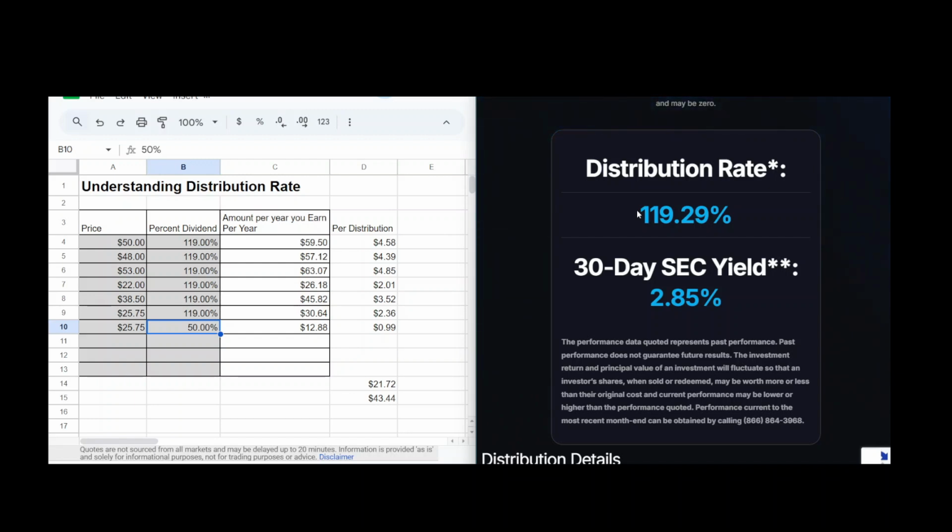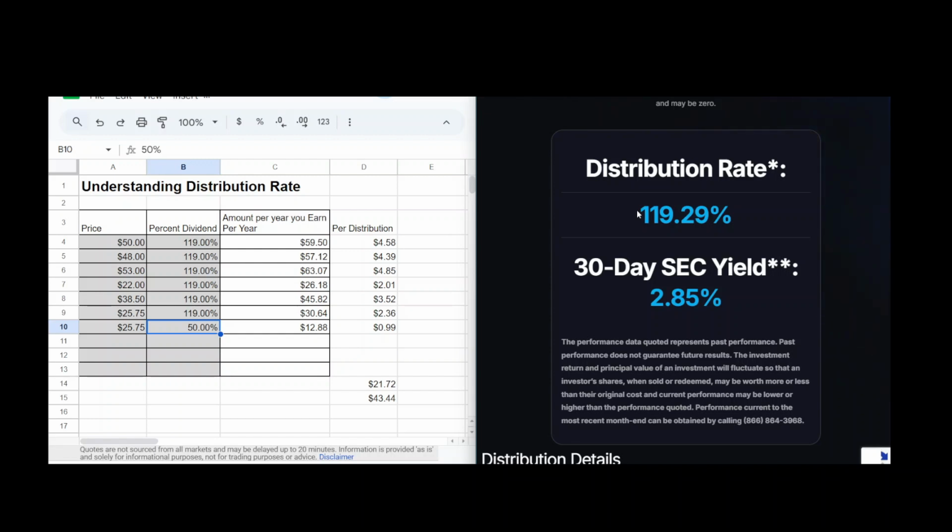Just because it is a high distribution rate does not necessarily mean that that's one that you need to get into because you want to hurry up and get your money out of it and then just ride and play with the house money. But as I'm showing you here, that is not necessarily the case. As the price changes, the distribution changes, so does your distribution payouts. So I hope that kind of helps everybody better understand that distribution rate a little bit better.